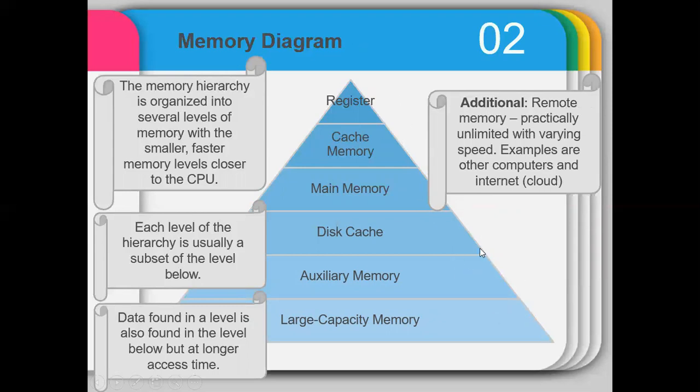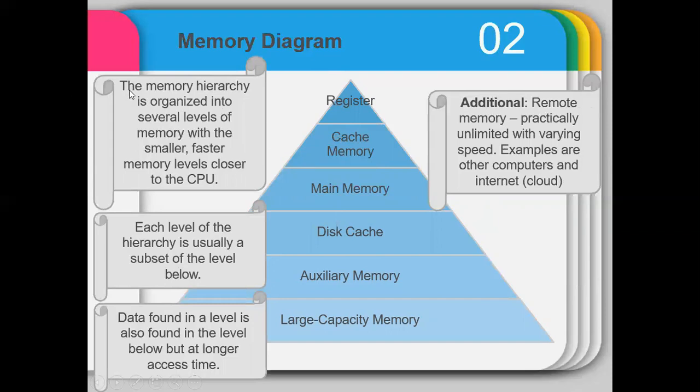Actually we will call this the fourth level. This auxiliary memory or large capacity memory is more or less the same. The main memory we are calling the primary memory. This we will call the secondary memory. This we will call the CPU, that is CPU memory or CPU registers.